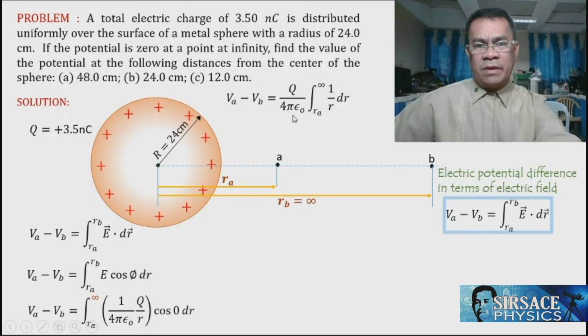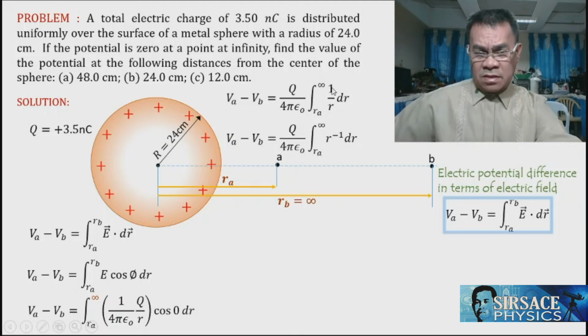So Q over 4 pi permittivity, the integral of 1 over R dr. The integral of this, we can put it in the numerator, but then the exponent becomes negative. Then we can apply the basic power rule. This should be added by 1.